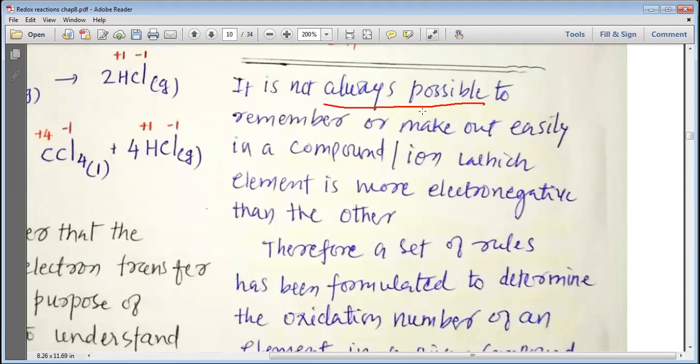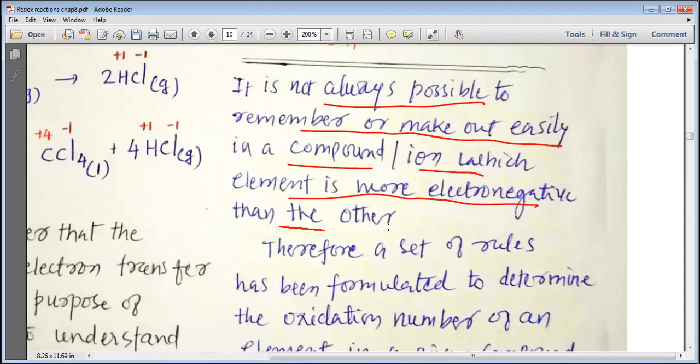It is not always possible to remember or to make out easily in a compound or ion which element is more electronegative than the other. We have a huge amount of compounds available for our study. So it is not easy to remember the electronegativity for all the elements present in the compounds.